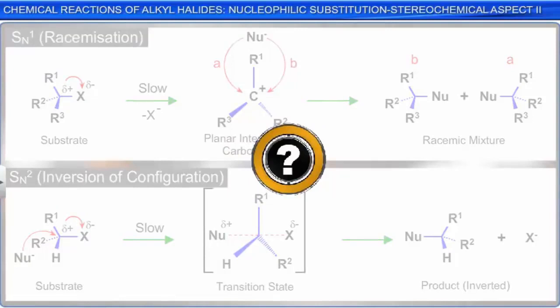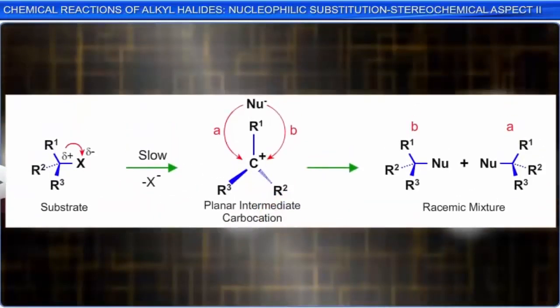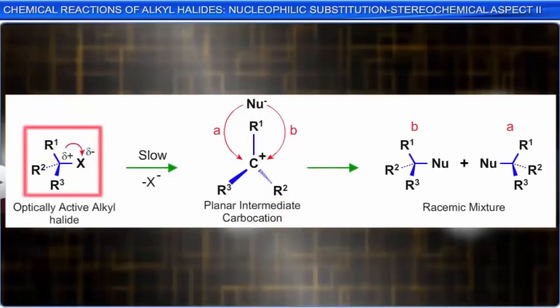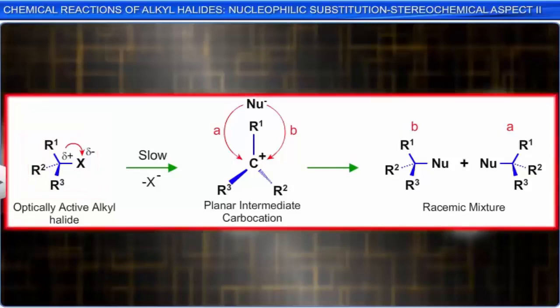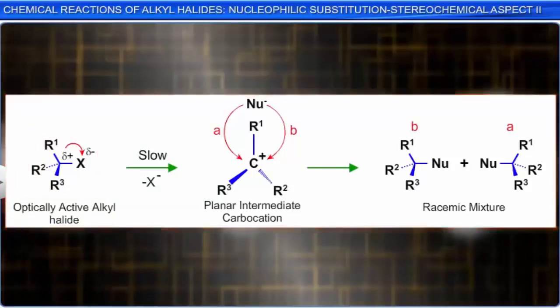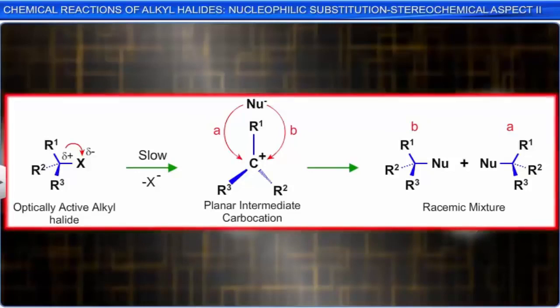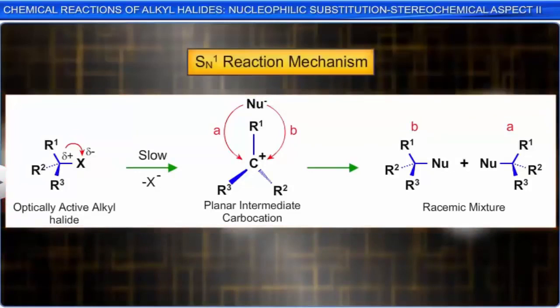We can illustrate the stereochemical aspects by taking the example of an optically active alkyl halide as a substrate. In this process, if the reaction conditions are favorable for first-order kinetics, then it follows the mechanism of an SN1 reaction.